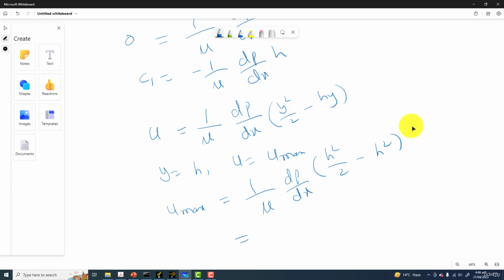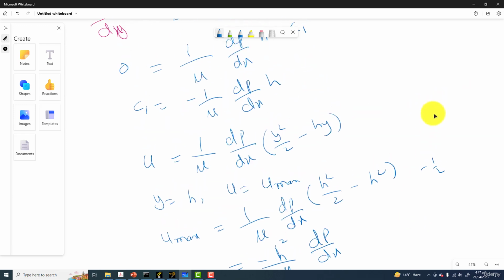Therefore 1 upon 2 minus 1 is equal to minus 1 upon 2. So this is equal to minus 1 upon 2 mu, h square dp by dx. This is the value of u max.